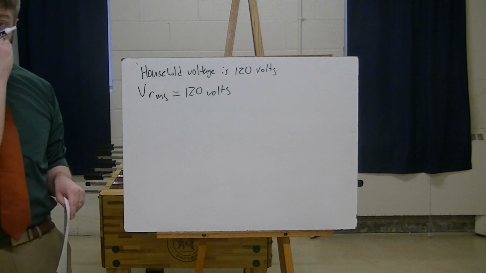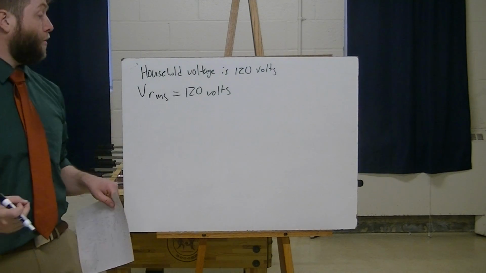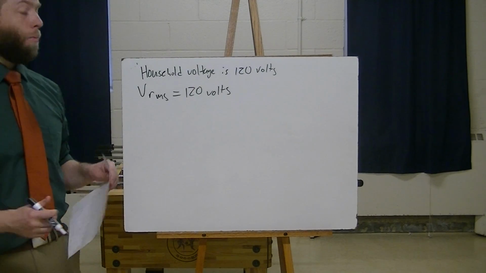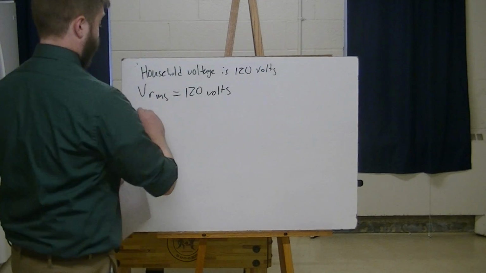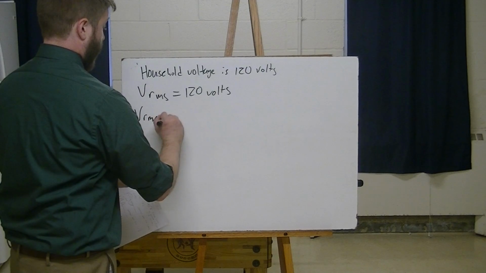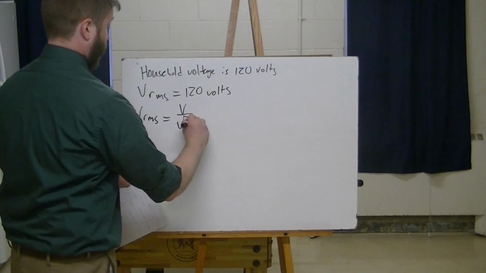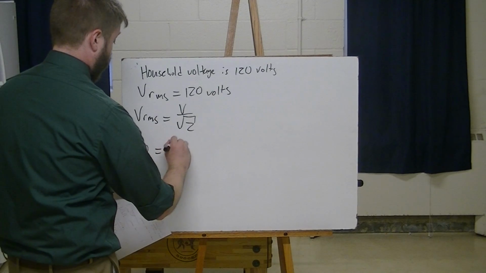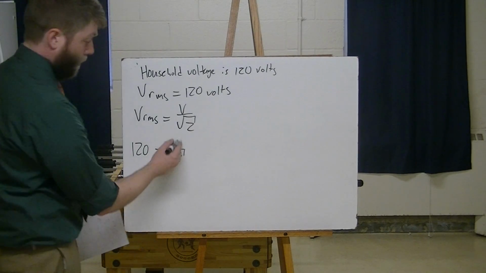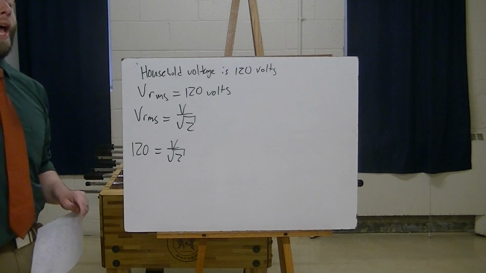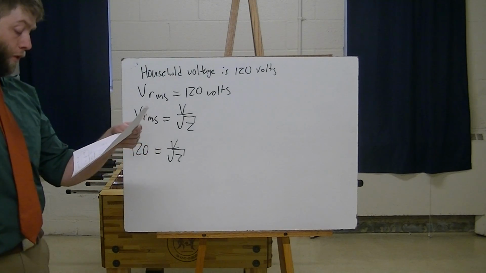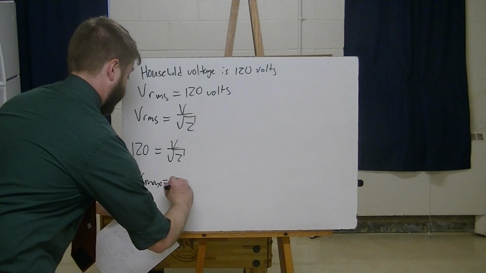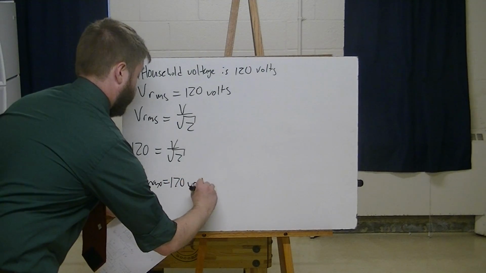That's not the actual voltage coming out of your wall. It can actually have a maximum output. V RMS is equal to V over the square root of 2, so 120 is equal to V over the square root of 2, and you can think of this voltage V as the maximum voltage. If you do that math, you'll see that the maximum voltage is 170 volts.